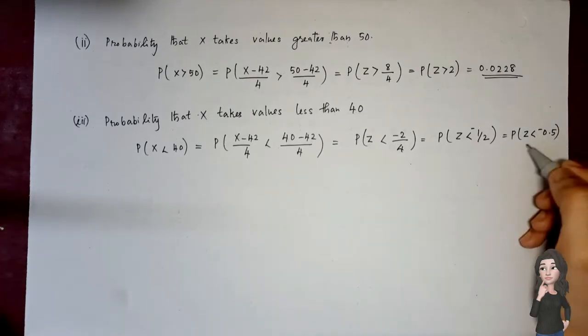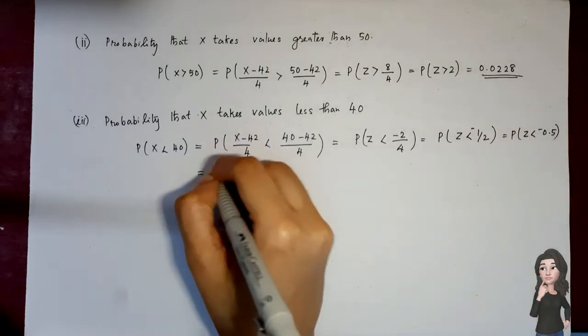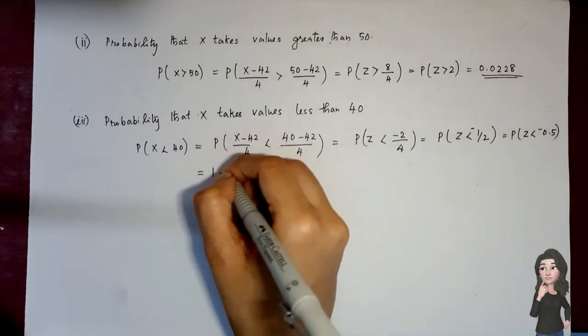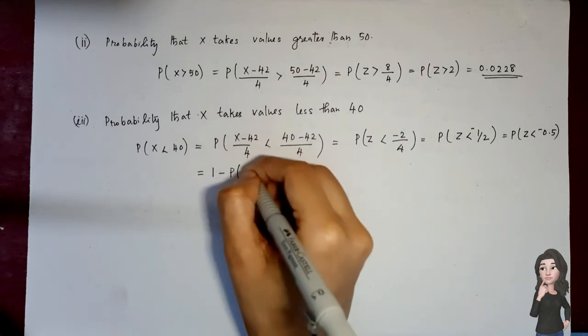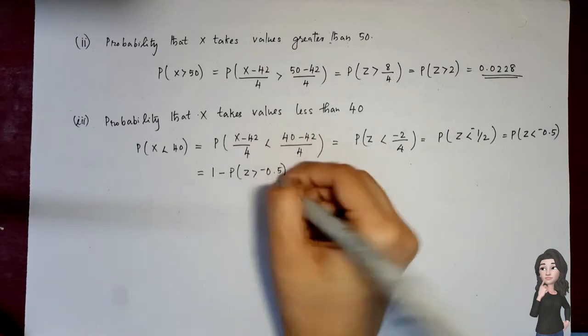So, z less than minus 0.5 can be written as 1 minus the probability of z greater than minus 0.5.